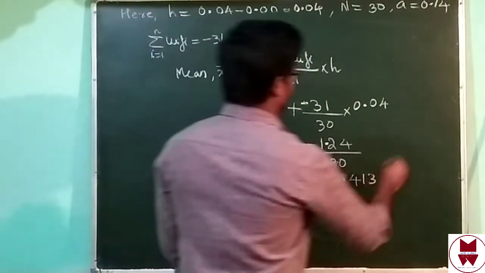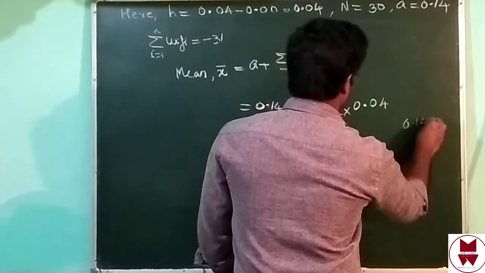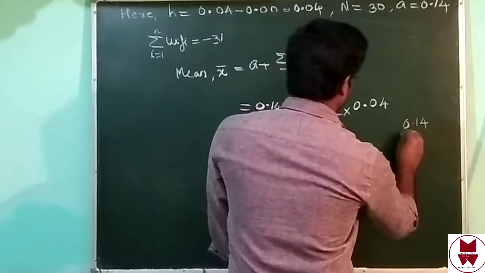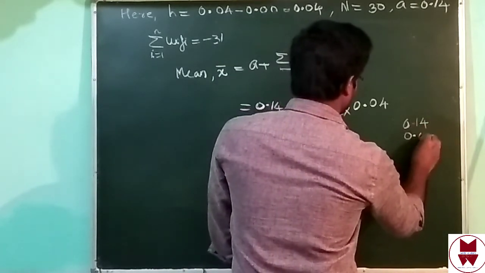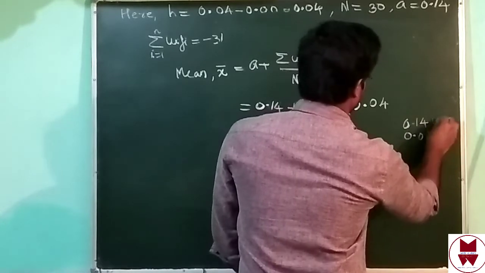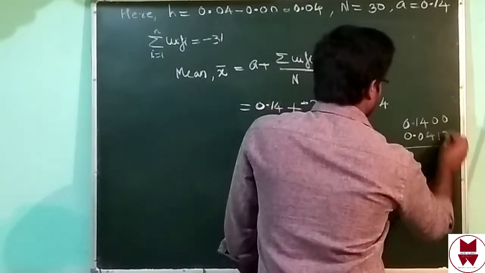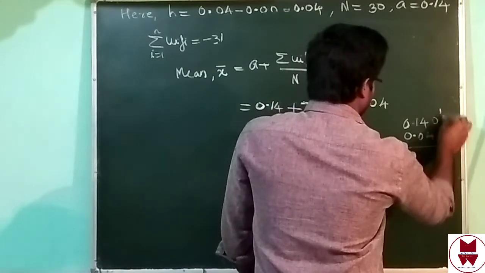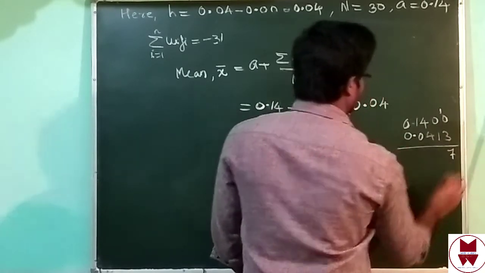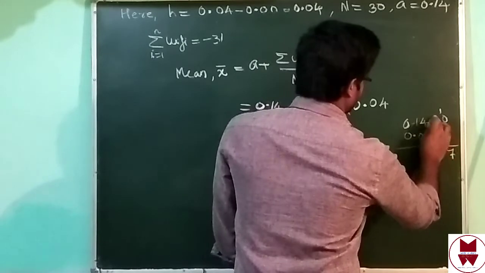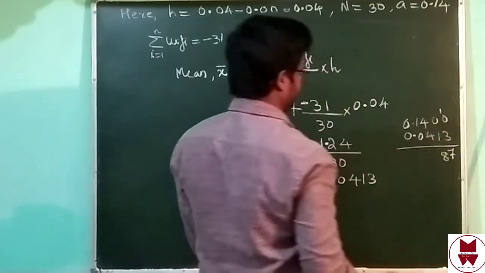Subtract from 0.14, then 0.0413, add 1. What will we get? Here 10 minus 3, 7, 9 minus 1, 8.